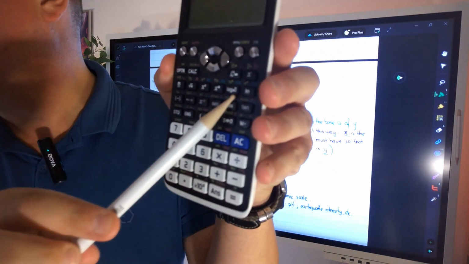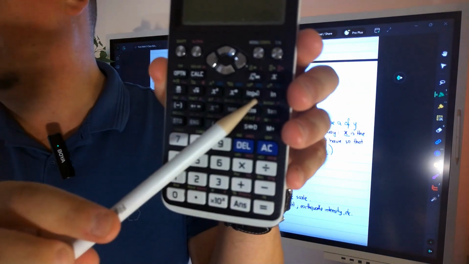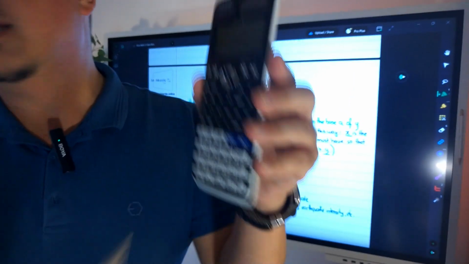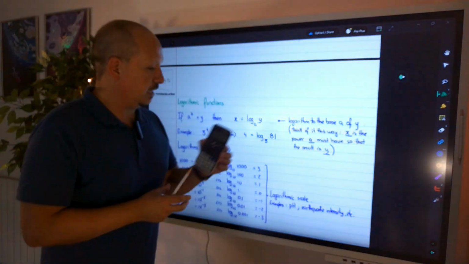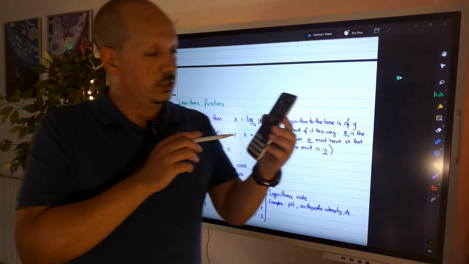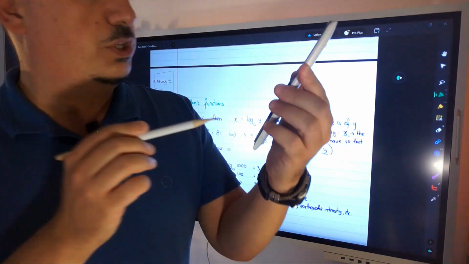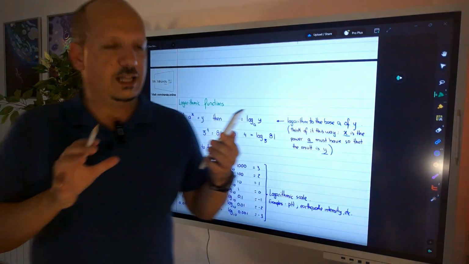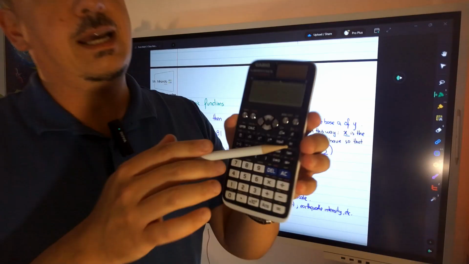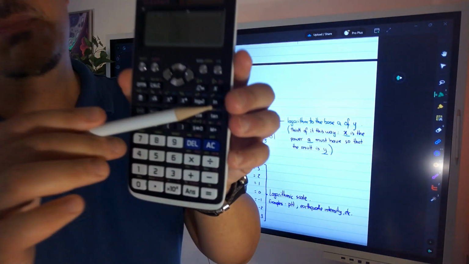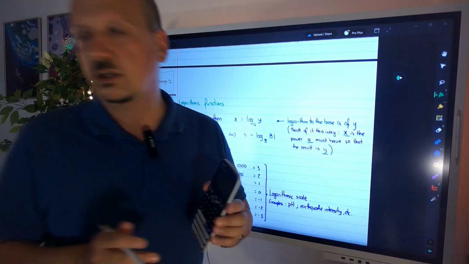You have log, and then you have the ability to put the base underneath and the value that you are logging in front. Then you have another one that in this particular calculator is on top of this button, which is just log with nothing else. And then you have the ln, which is also a logarithm, and I'm going to talk about this one later on this chapter.